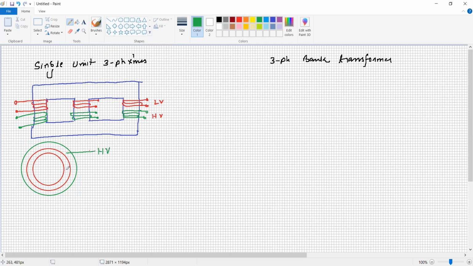This is just the top view of the transformer.